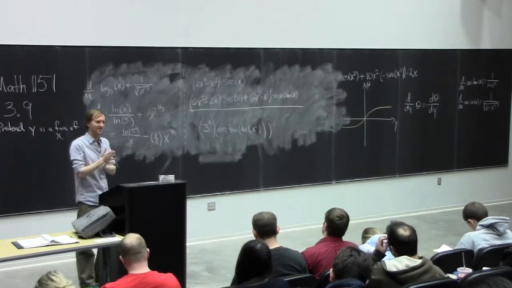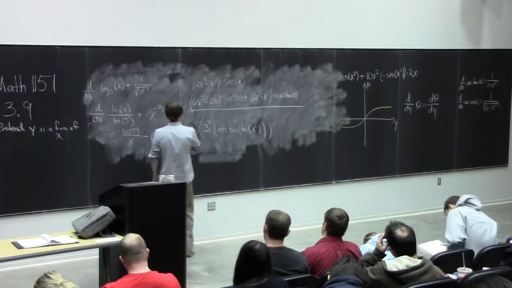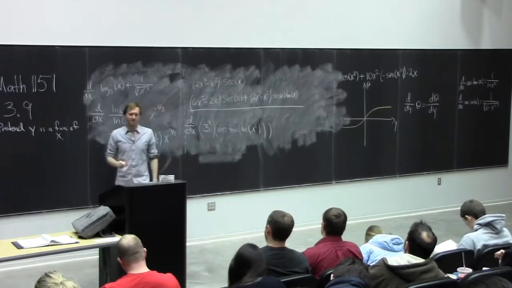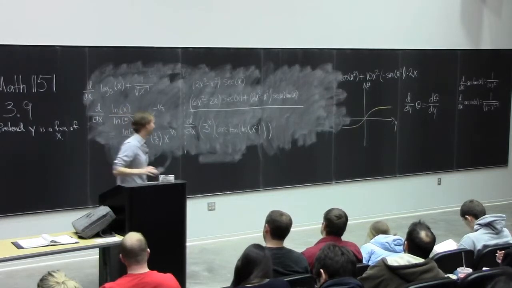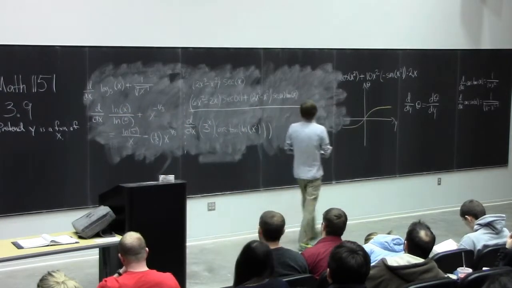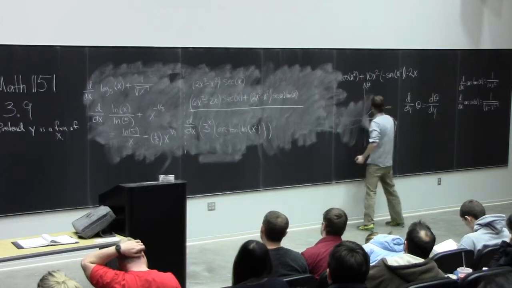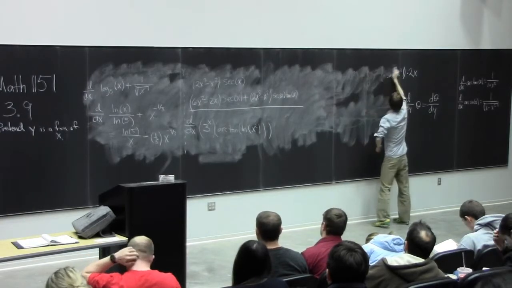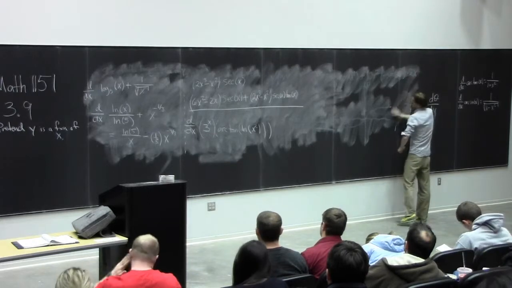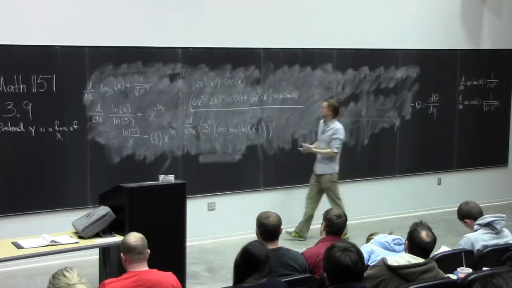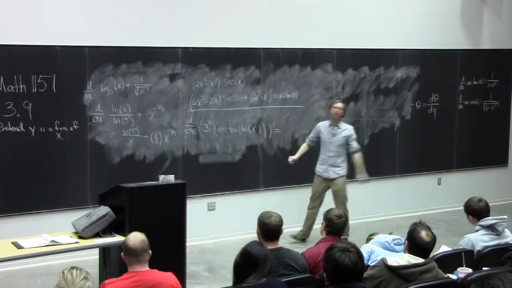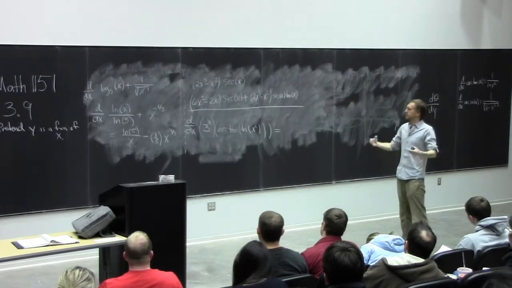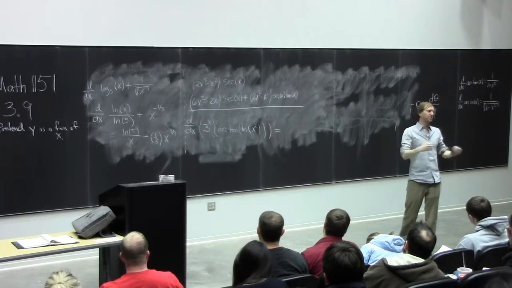Take the derivative of this. Let's do this one. All right. Are you guys ready? What rule do we use first? Product rule. What's the derivative of 3 to the x?